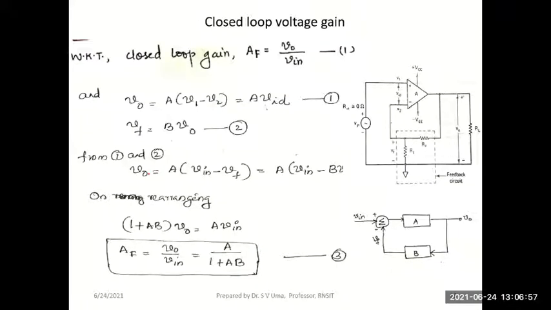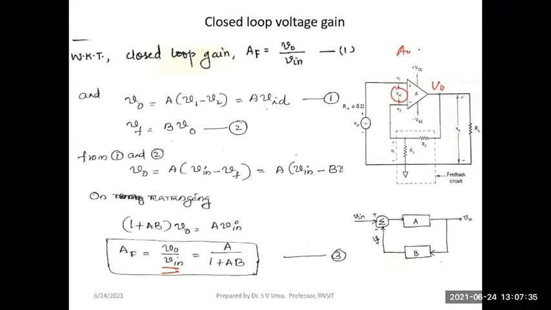First, let's try to derive an expression for a relationship between closed loop voltage gain AF and the open loop voltage gain A. What's the difference between the two? Closed loop voltage gain means it is the final output voltage divided by the actual applied input voltage, V0 by Vin. Whereas the open loop gain is just V0 at the output divided by VID.